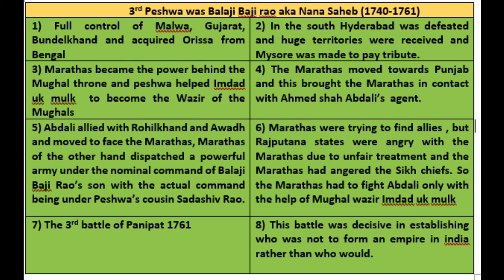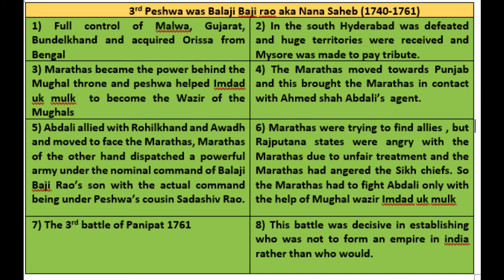The Marathas, on the other hand, dispatched a very powerful army under the nominal command of Balaji Bajirao's son, with the actual command being under the Peshwa's cousin Sadasiv Rao. An important arm of this Maratha army was the European-style infantry and artillery, commanded by Ibrahim Khan Gardi. The Marathas were trying to find allies, but the Rajputana states were angry with the Marathas due to unfair treatment, and the Marathas had angered the Sikhs in Punjab.